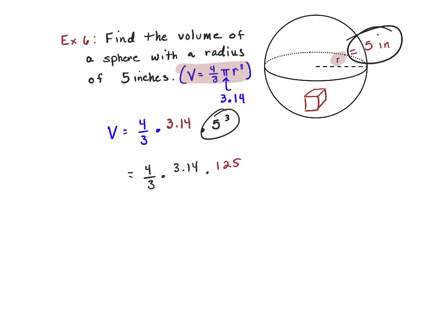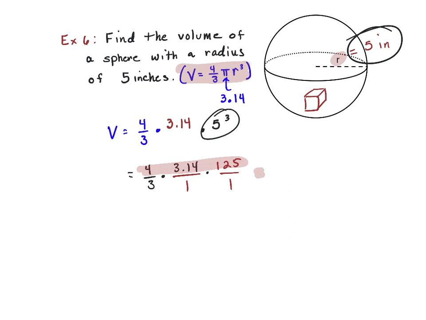Then I just have to figure out what 4/3 times 3.14 times 125 is, and I'll do it in steps here. I have to get out my calculator. When we multiply fractions, notice I put it over 1, so I have numerators there. I'm going to multiply my numerators. There it is. 4 times 3.14 times 125.